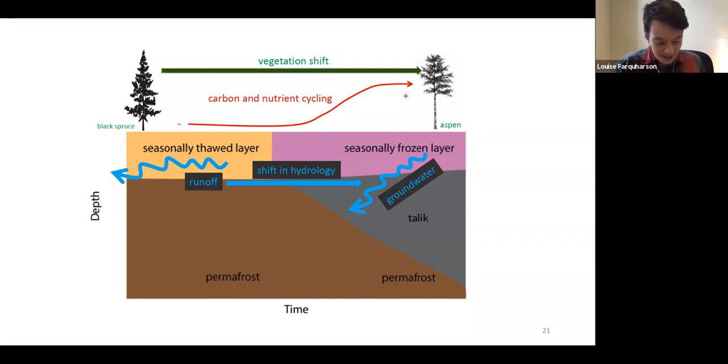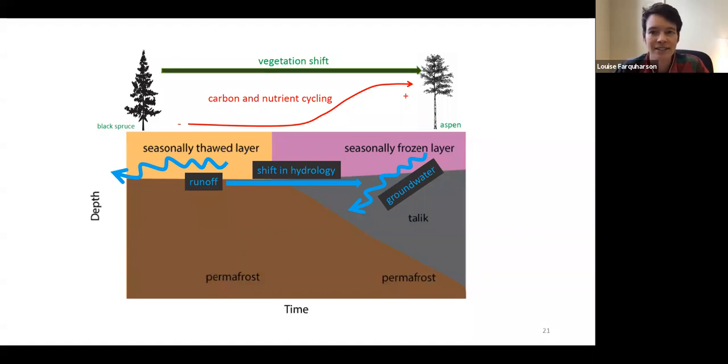Although more broadly, we did some back of the envelope calculations and compared the ground thermal regime of the black spruce forest ecotype to other vegetation types. And it does seem like this is one of the colder ecotypes. And so the distribution of these taliks on an interior Alaska scale is probably quite widespread.